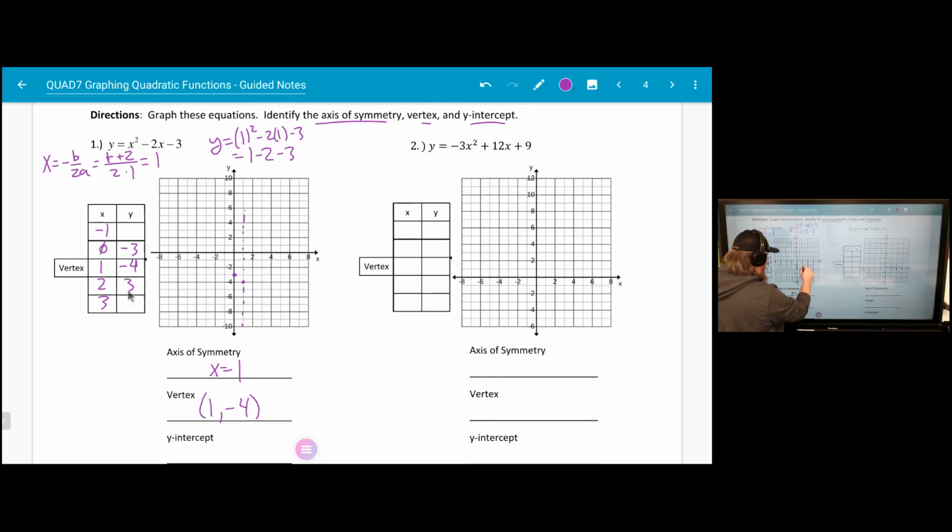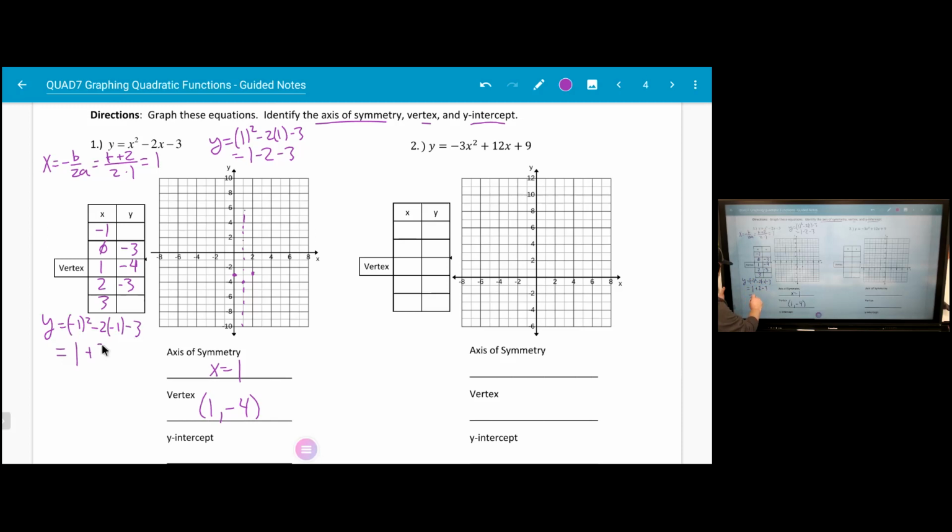(2, -3). If I plug -1 in, y equals, let's try that again. y equals -1 squared minus 2 times -1 minus 3. Well, let's see here. -1 squared is 1, minus 2 times -1, so plus 2, minus 3.